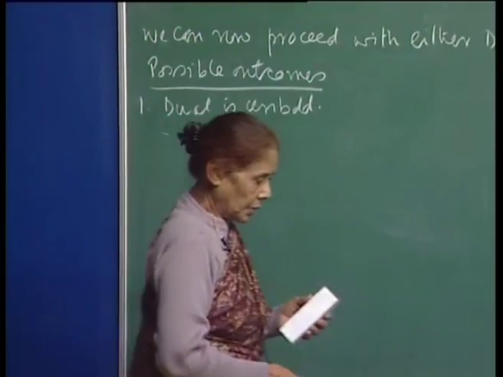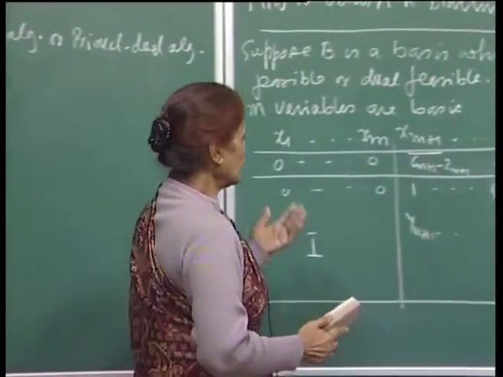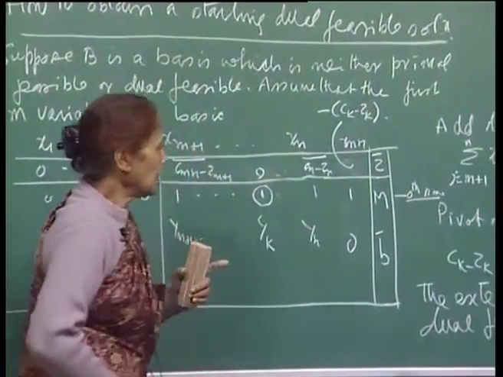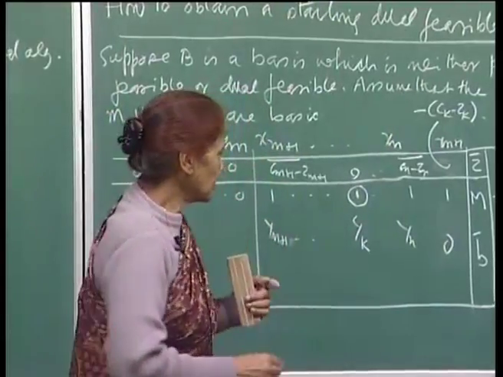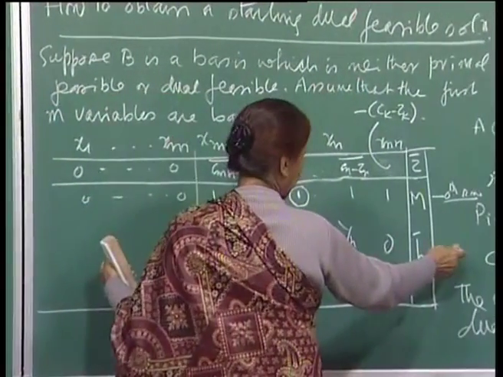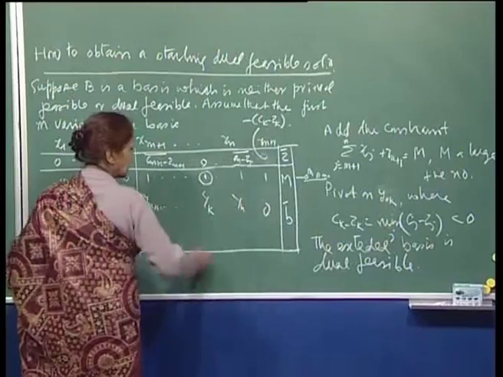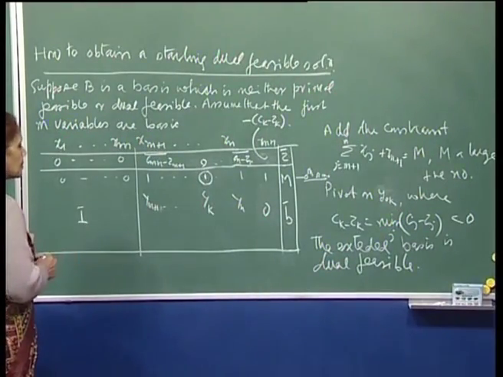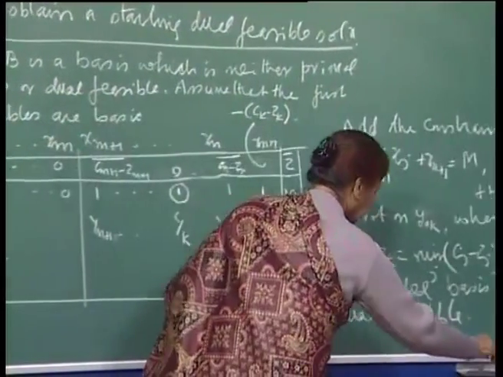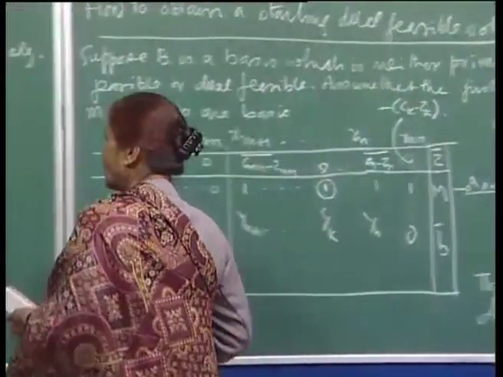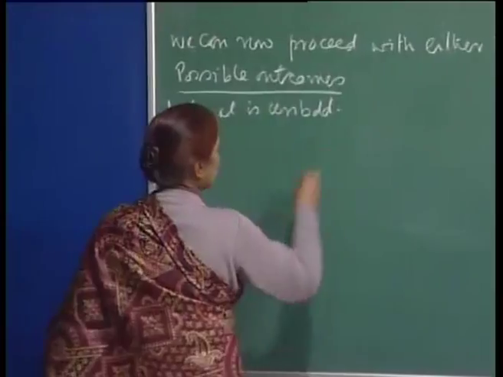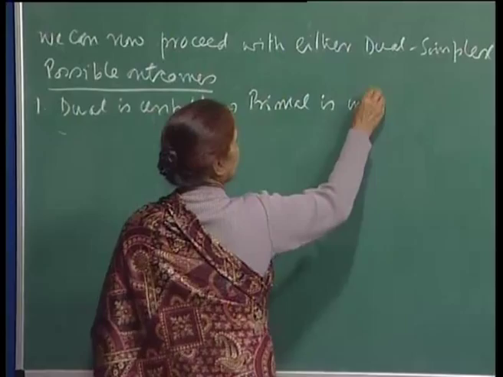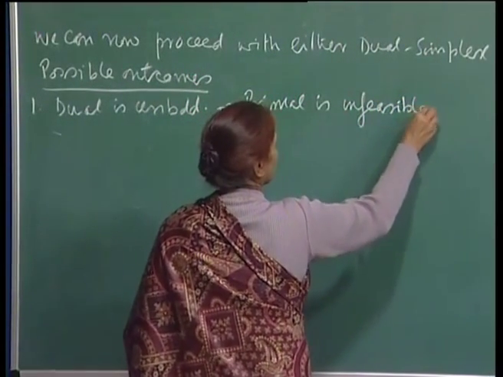By now, if you have solved enough problems and understood the presentations here, you will understand that adding this constraint has nothing to do with dual unboundedness, right, because dual unboundedness will mean that here you have a negative entry and everything in this row is greater than or equal to 0. So, you cannot proceed with the dual simplex algorithm, for example. So, therefore, the dual problem can be unbounded, which implies primal is infeasible. Okay.